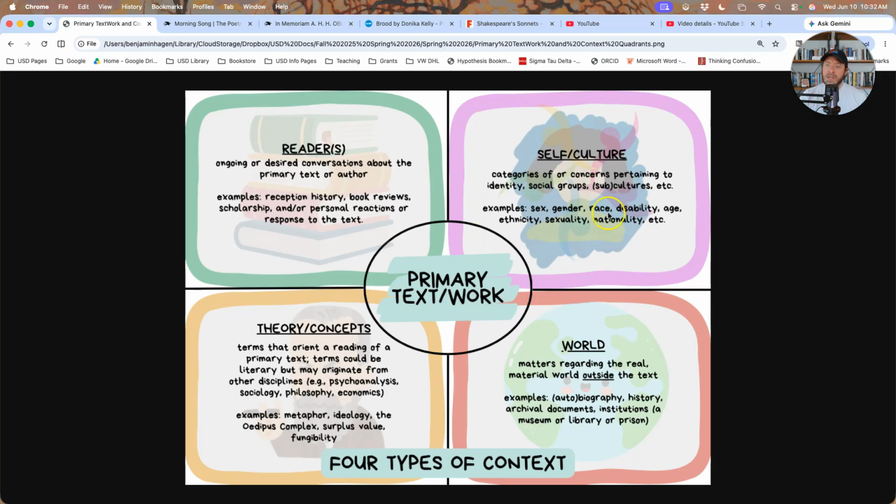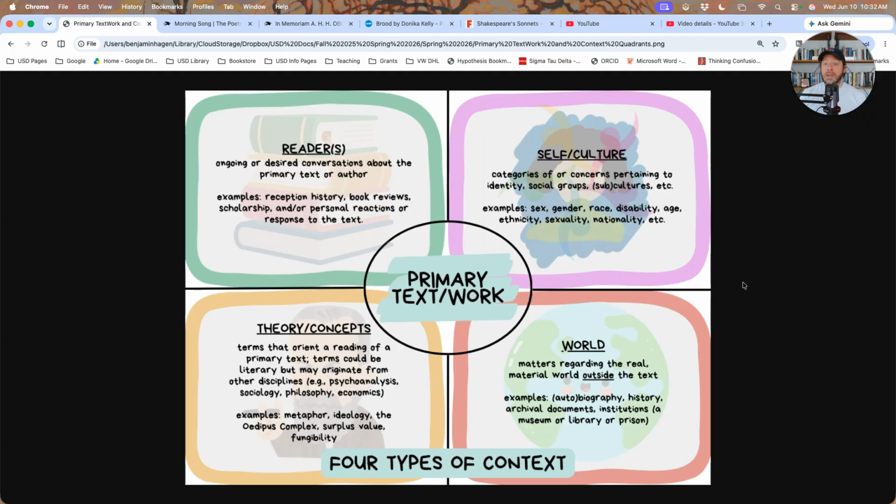In terms of self or culture, not all students have questions that might pertain to questions of self or culture, but I do think it's worthwhile reminding students that they live in a culture, and that they might have a sense of self that might matter to how they've been responding to a poem.